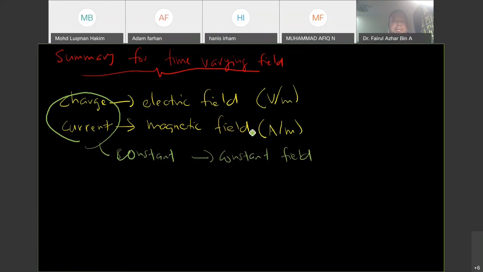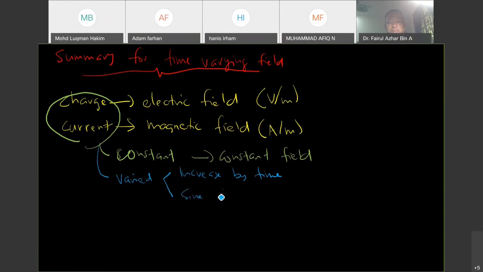However, let's say we have a varied source of charge. Let's say the charge is increased by time, maybe by using a certain expression, or the source of the field is varied by using a sine function.